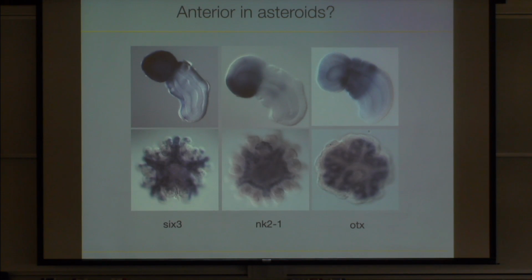We've only got 3 genes, and these are pretty tricky in situs to carry out. But I think it's starting to tell us there may be something to the idea that the region that's homologous to the anterior may be the entire oral surface of the echinoderm. That's what may be formed from an ancestor that had a much more complicated nervous system and a more traditional bilateral organization.